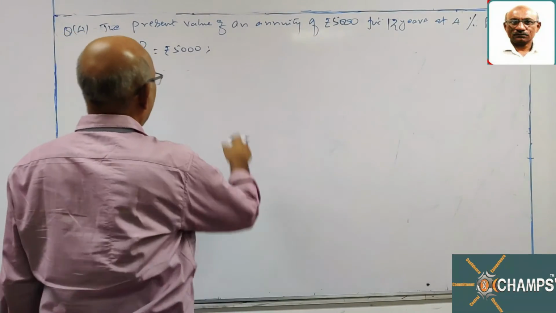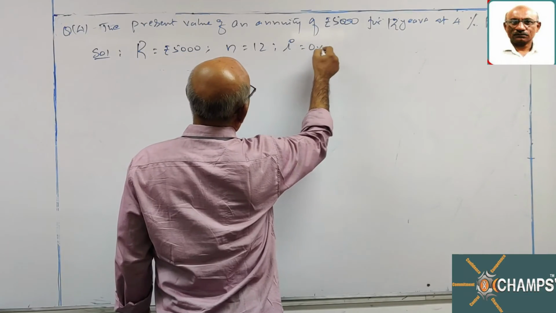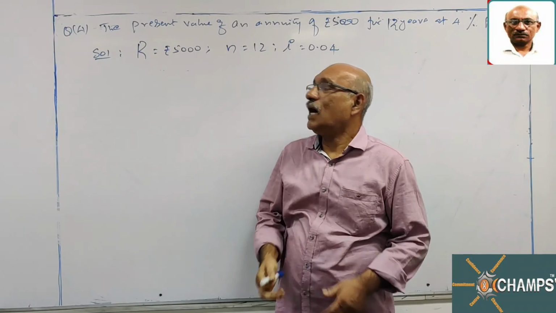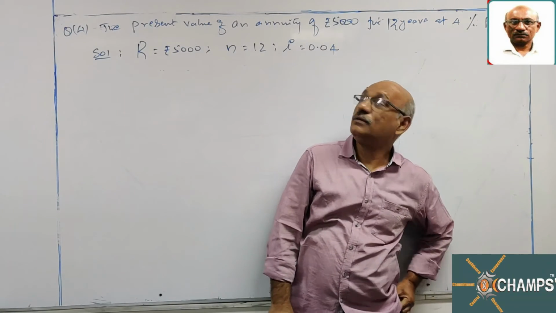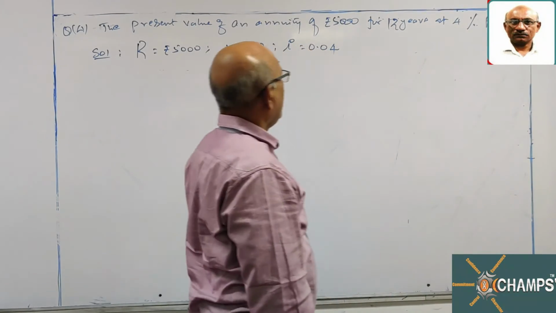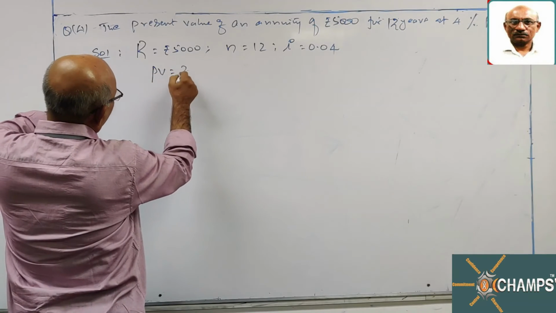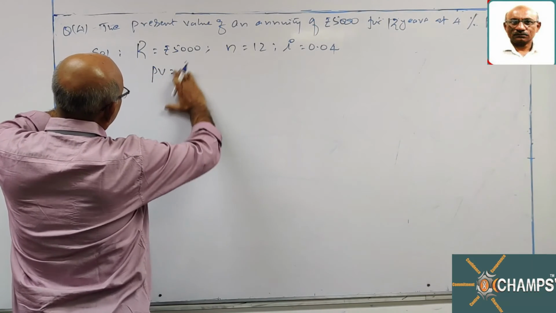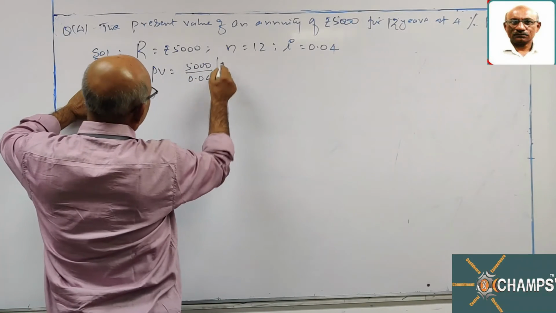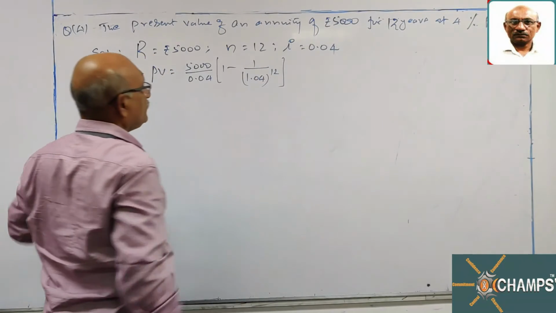N is equal to 12. I is equal to 0.04. Present value is equal to 5,000 divided by 0.04 into 1 minus 1 by 1.04 whole power 12.